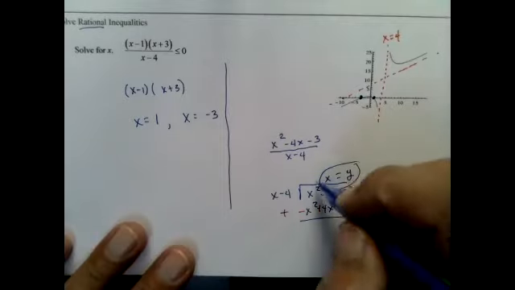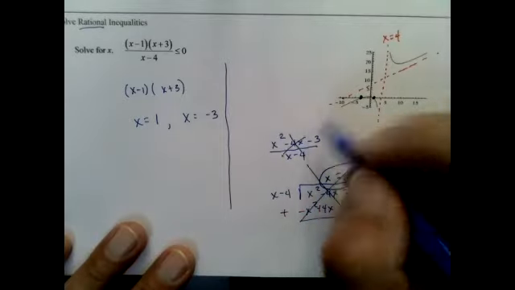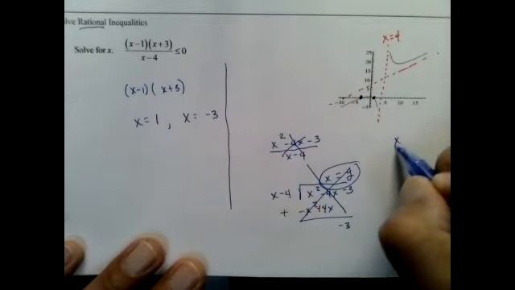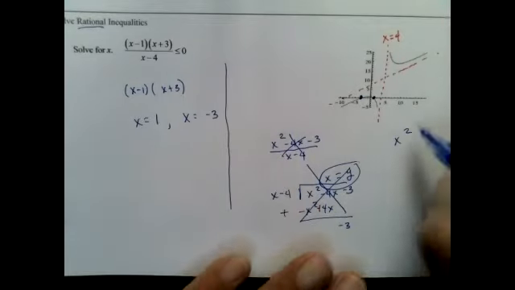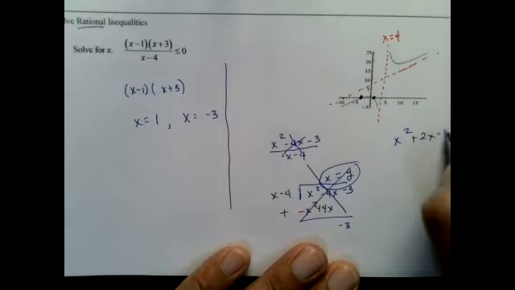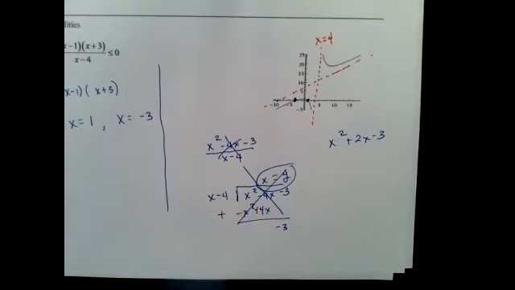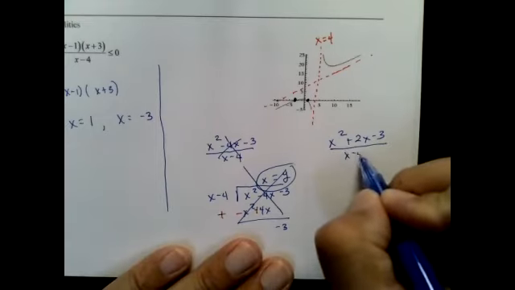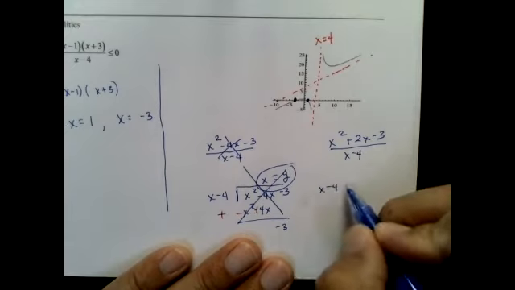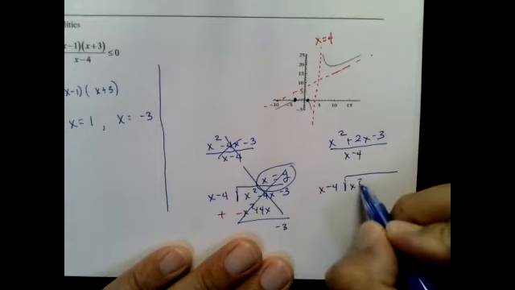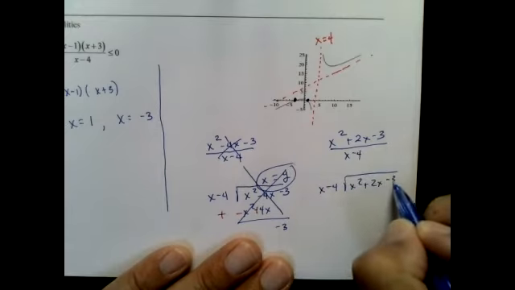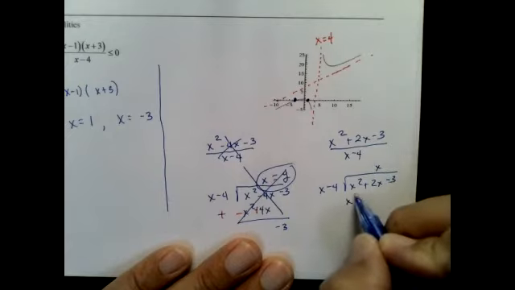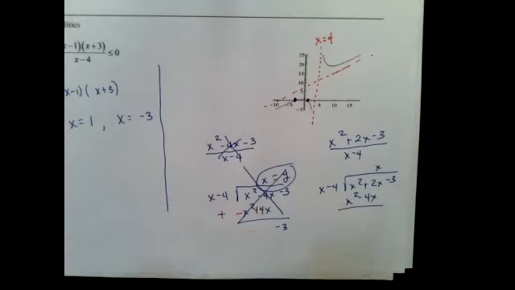No, it's not. I messed up. Right steps. This should have been x squared plus 2x minus 3. I'm sorry. I multiplied wrong and somebody was just about to tell me. So now I take x minus 4 and divide into x squared plus 2x minus 3. Sorry about that, folks. I get x squared minus 4x.